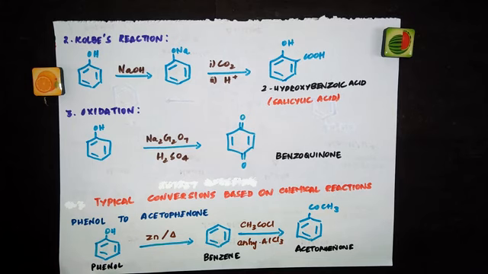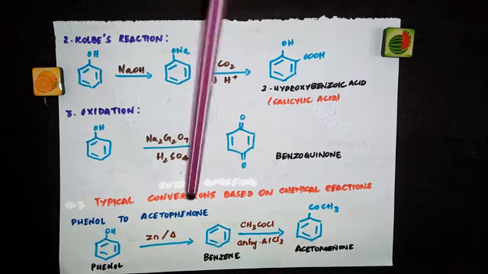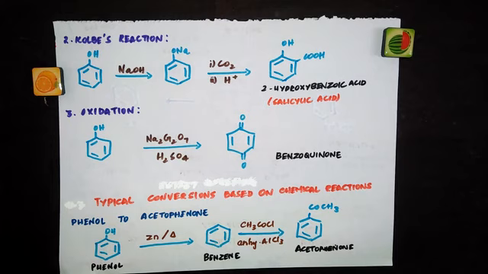This is how questions will be, and I've tried to show you some typical conversions based on these chemical reactions, and few reactions which I have not seen here, but still we can learn some new chemical reactions which they have asked in the previous board exams.